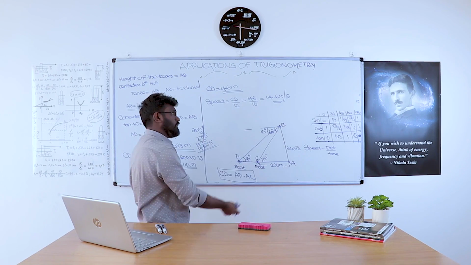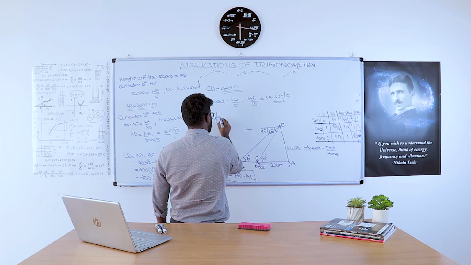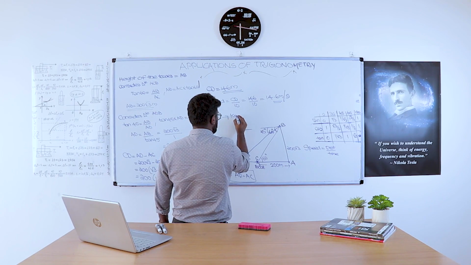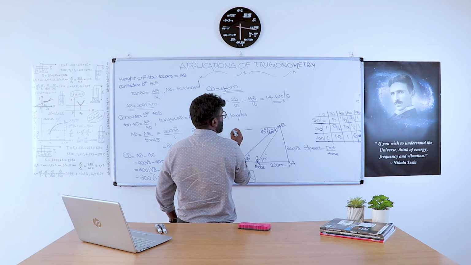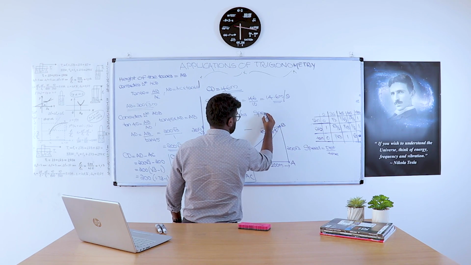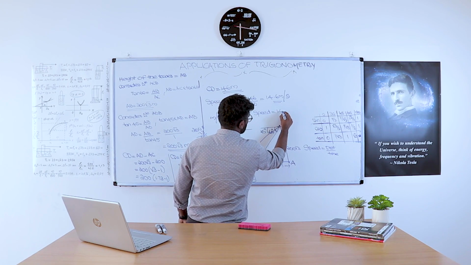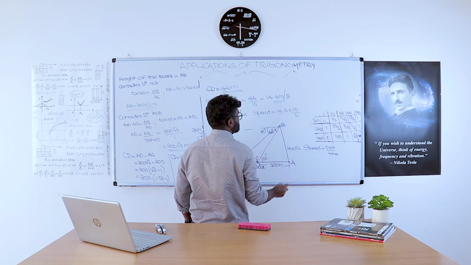If you want to convert it into kilometer per hour, from meter per second to kilometer per hour, what will you do? You have to multiply the value by 18 by 5. Therefore, speed equal 14.6 into 18 by 5.